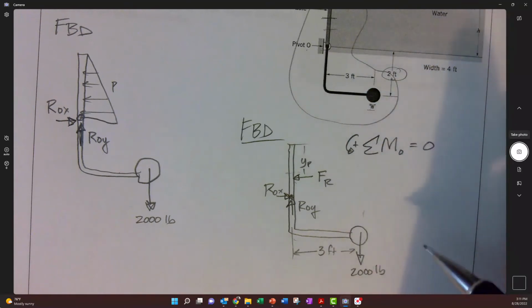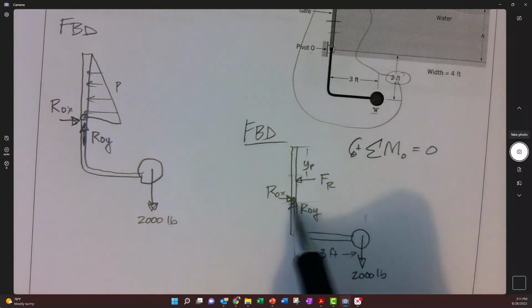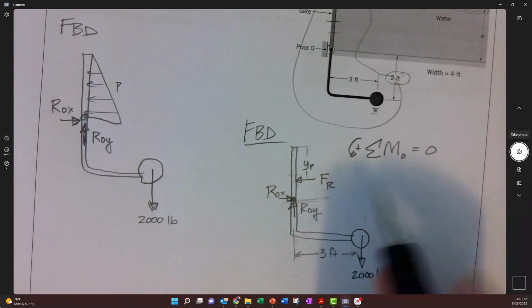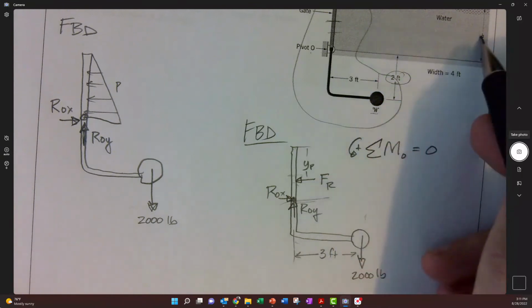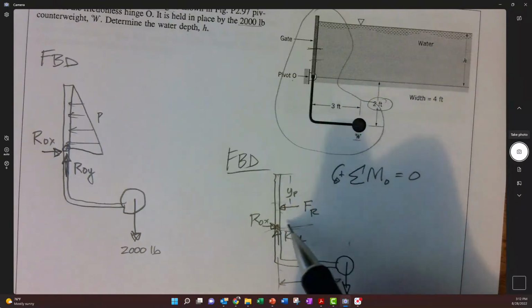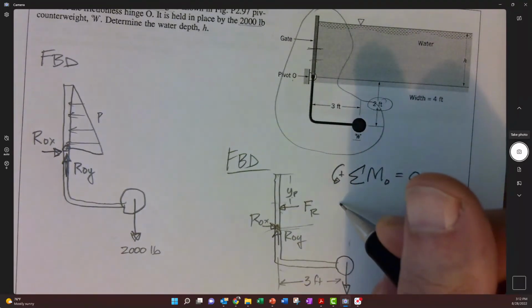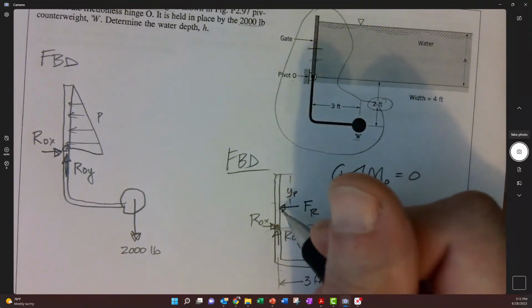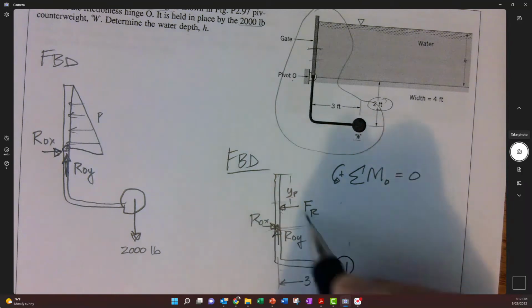First, we need the distance in between here and here. That distance is going to be h, the total depth right here, minus y_P. It's noteworthy that it's going counterclockwise, because we're doing it about O, so this one's creating a counterclockwise moment.